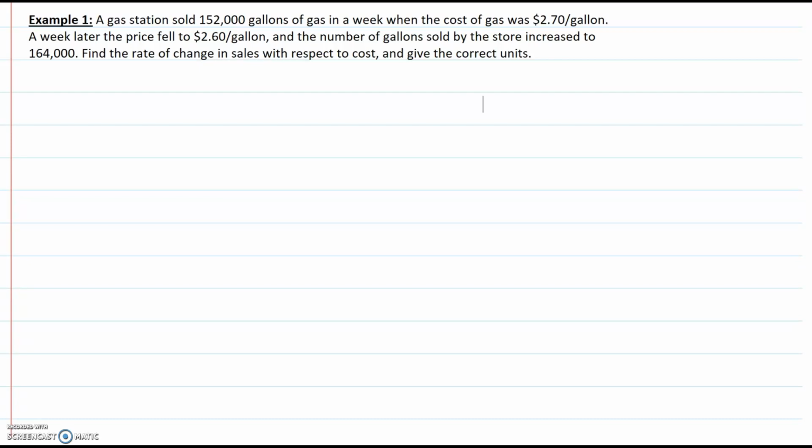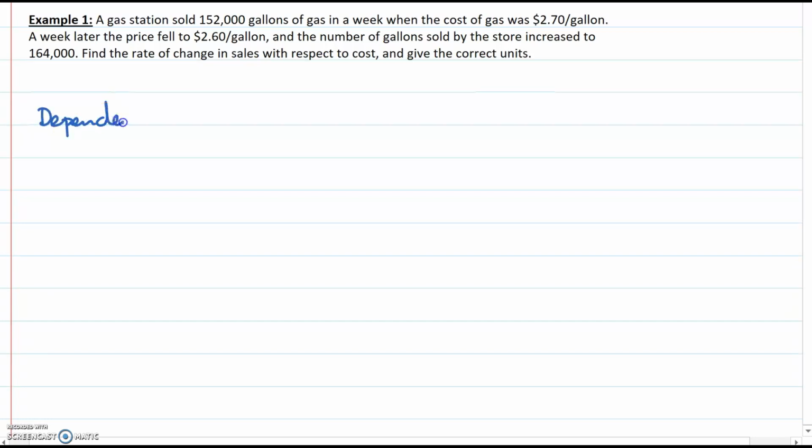Okay, so as we read this question, there are two things that we can see quite clearly. One of them is the amount of gas that's sold by the gas station each week. And that seems to depend on the cost of the gas, because when the cost of the gas changed, the amount that was sold changed as well. So the amount of gas sold is the dependent quantity.